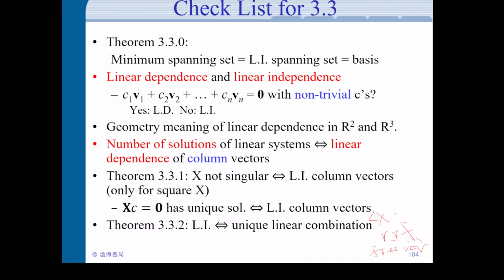And the last theorem says that if our vectors are linearly independent, then anything inside the span has a unique linear combination, and only if. So that's 3.3, and we will see you next Wednesday, and we'll talk about basis.